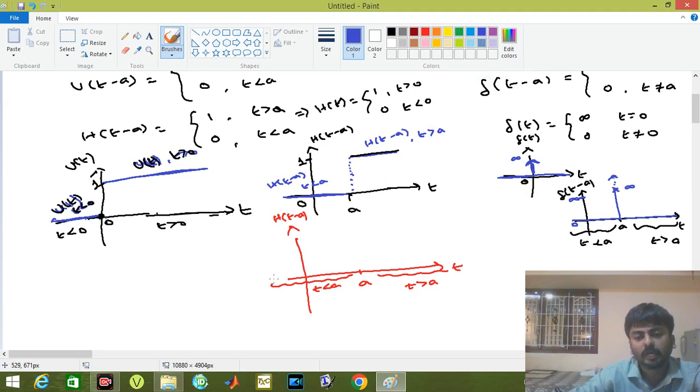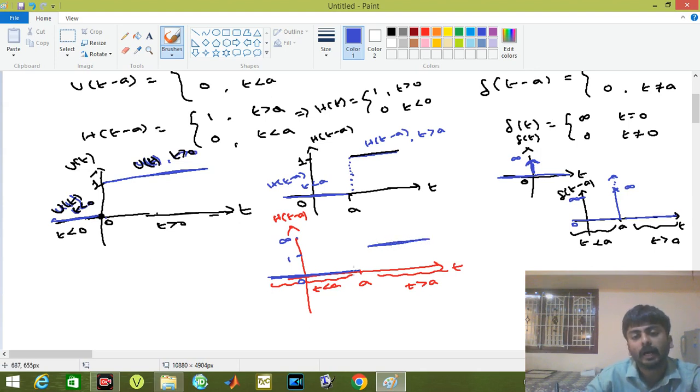Till a it is 0, and after a it is 1. Here I am taking this as 0, this as 1, and this as infinity.